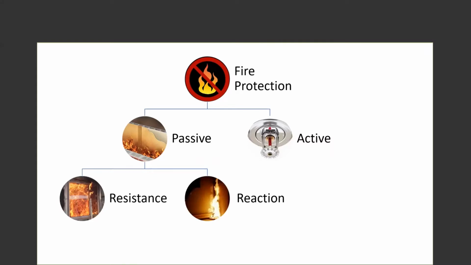This is broadly divided into resistance and reaction to fire. The resistance as a property is a property to define containment of fire using elements like fire-rated partitions and doors, or even compounds and materials used to extend the structural integrity of materials, so that how long can materials resist fire.